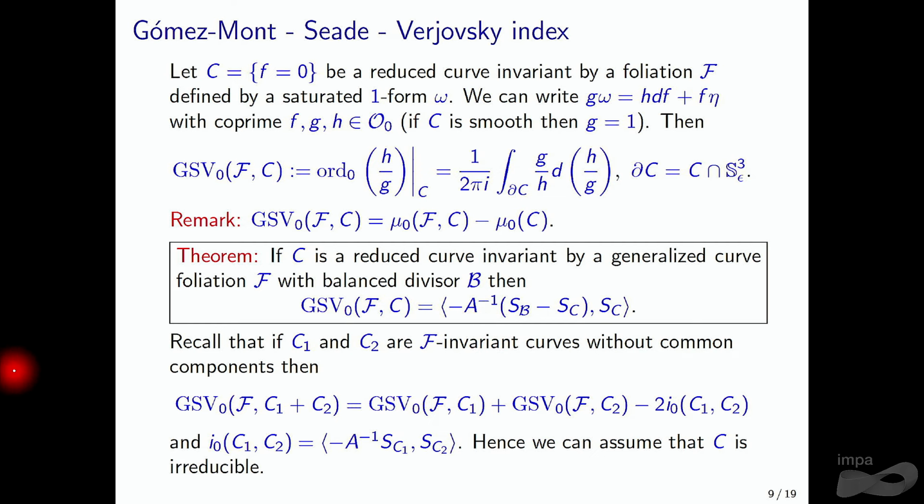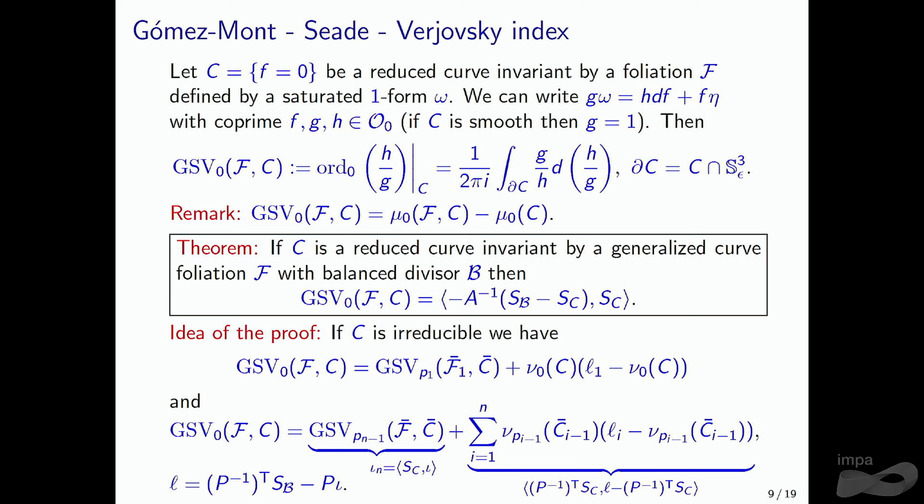The idea of the proof is first to reduce to the case that the curve is irreducible, because we know how the GSV index behaves with sums, with the intersection here, and use also that the intersection of two curves is given combinatorially by this pairing. And then, in the irreducible case, we make induction on n.